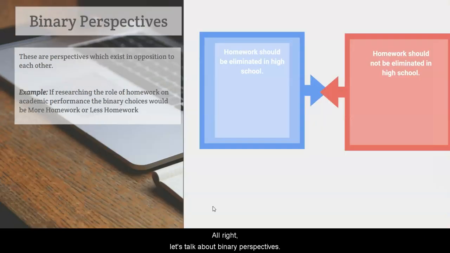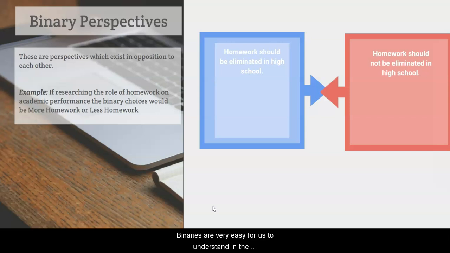All right, let's talk about binary perspectives. These are oftentimes the easiest ways for people to understand perspectives. These are ones that exist in opposition to each other. So if I'm looking at the role of homework on academic performance, the binary choices would be more homework or less homework. I think this is something all of us can understand no matter what the issue is.